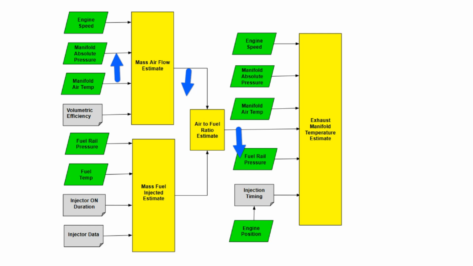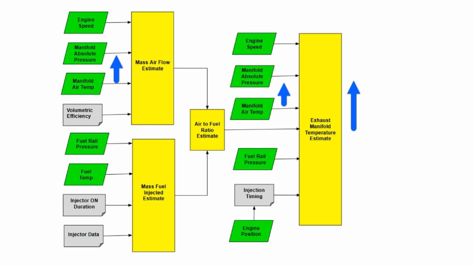And since exhaust temperature is inversely proportional to air-fuel ratio, the calculated exhaust temperature will also increase due to the increase in manifold air temperature as it goes into the mass airflow estimate. Therefore, any increase in manifold air temperature will cause the exhaust temperature to also increase.